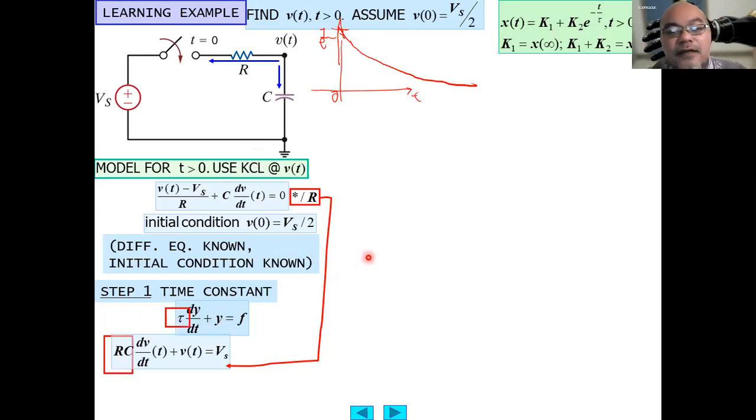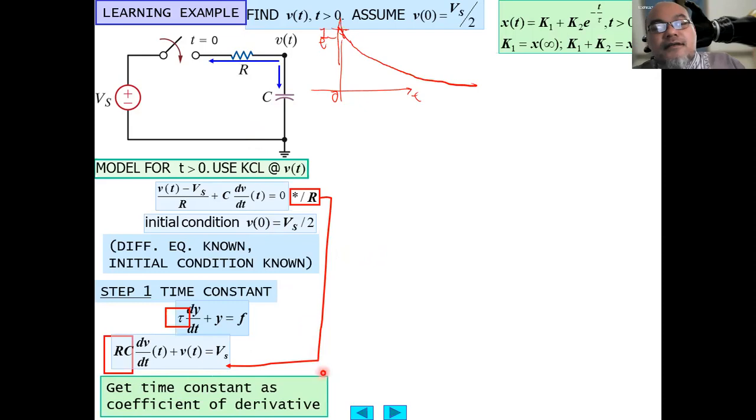Okay, tau equals RC. We get the time constant as the coefficient of the derivative dv/dt, RC.